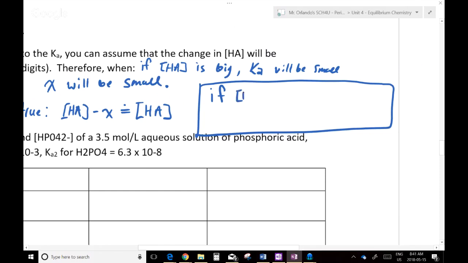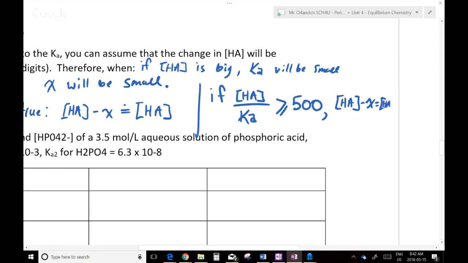If the concentration of HA is 500 times bigger than Ka or more, then to 3 significant digits, it won't change the concentration of HA. That make sense? So as long as you're working with less than 3 significant digits, if the concentration of HA is 500 times bigger than Ka, then we can say the concentration of HA minus x is just the concentration of HA.